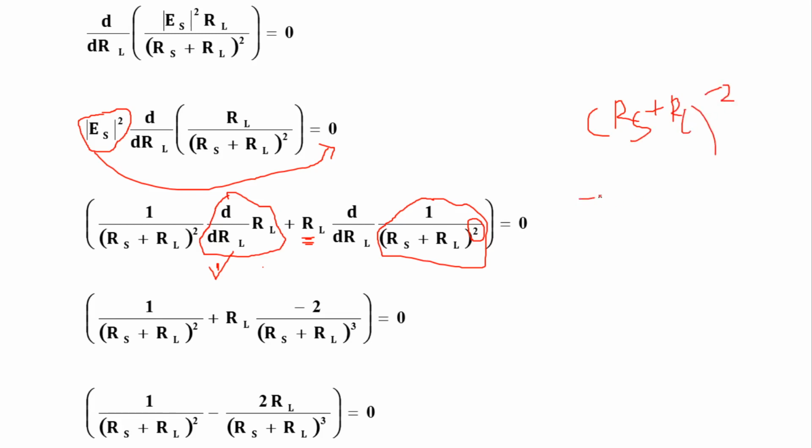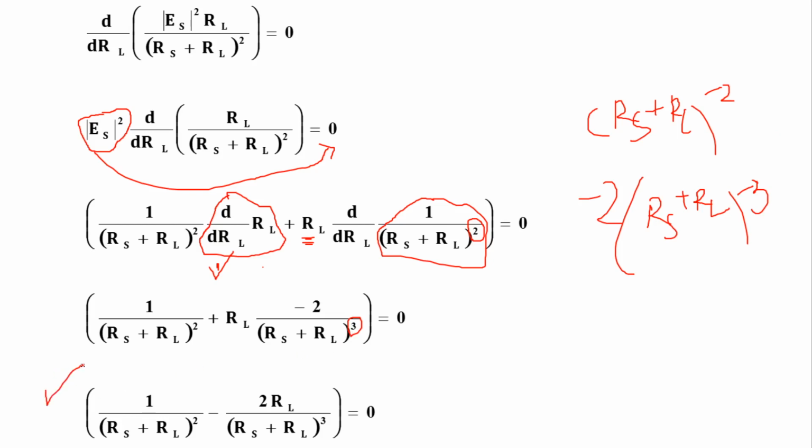So in differentiation, minus 2 comes forward and it will become (RS plus RL) raised to minus 3. So it will become minus 2 upon (RS plus RL) raised to plus 3 if we write this term in the denominator.